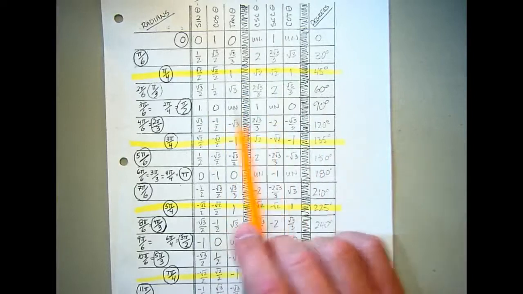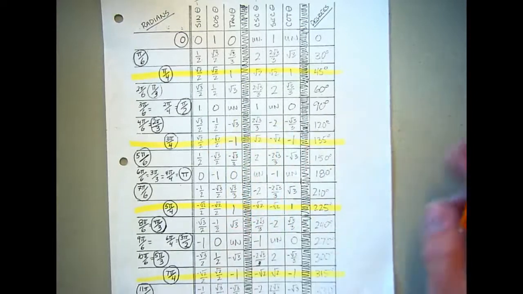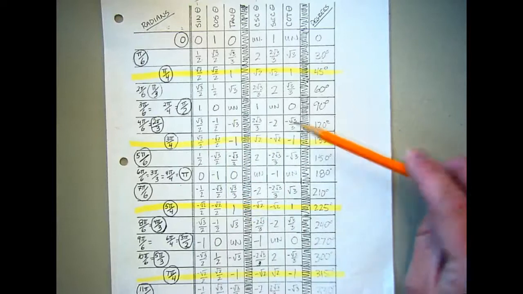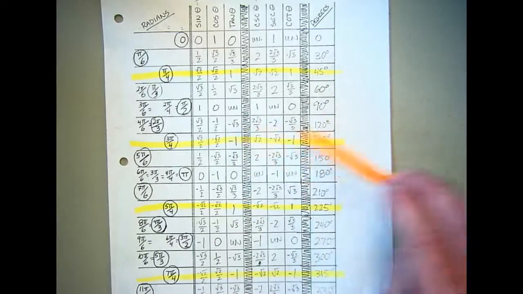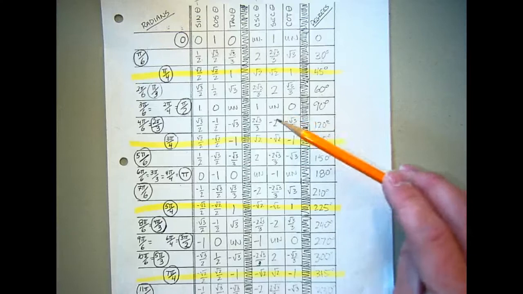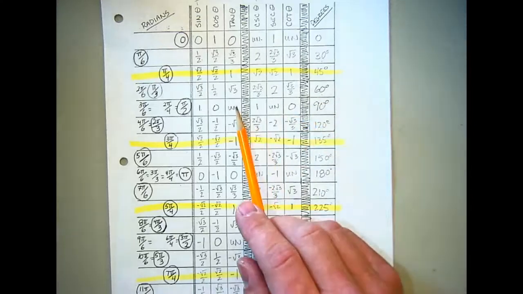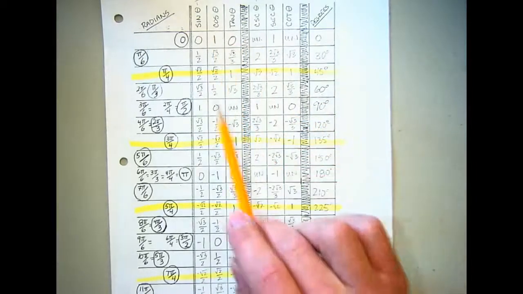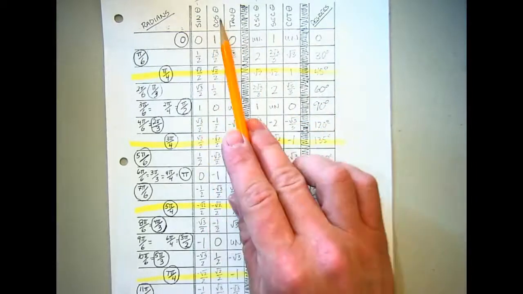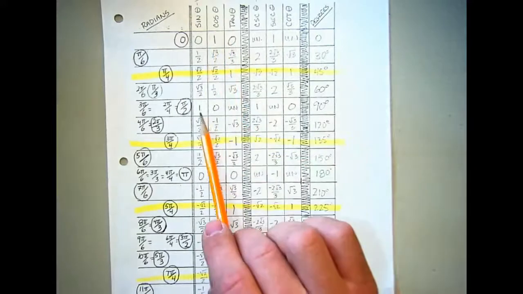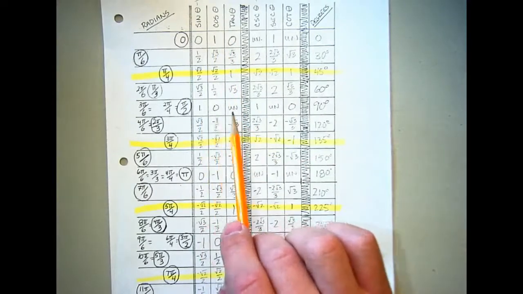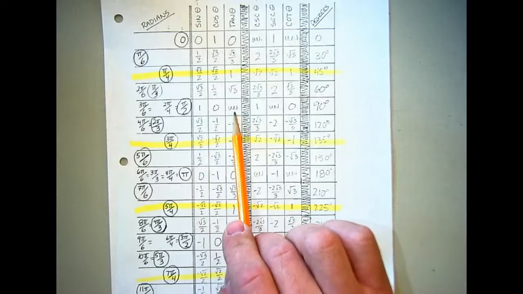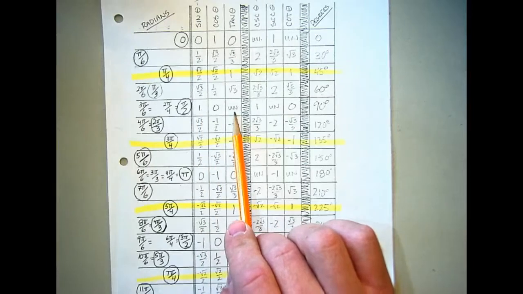Notice you get some undefineds here. That's going to be one of your questions on your homework tonight on pages 608, 609, that 1 through 6 there. One of the questions is going to talk about undefineds and why you have them. Think about tangent meaning sine over cosine, and if I have, in this case, 1 over 0, sine over cosine, that puts a 0 in the denominator. That's undefined. Okay.